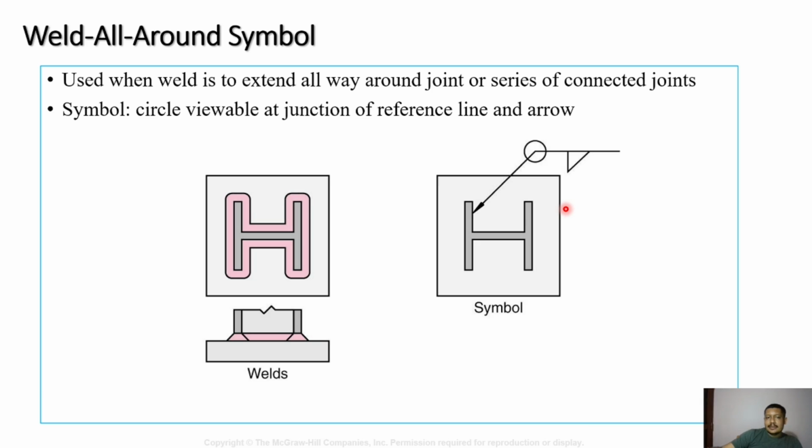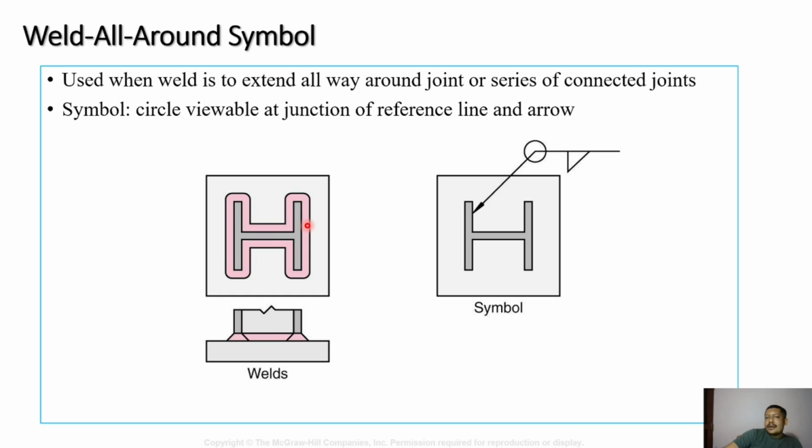So this is another example where this is the part which I need to weld, and the entire area I need to weld. So this is one plate. Over the plate I have a projection like this. I have another projection that is also joined. So the entire bottom area I need to weld.